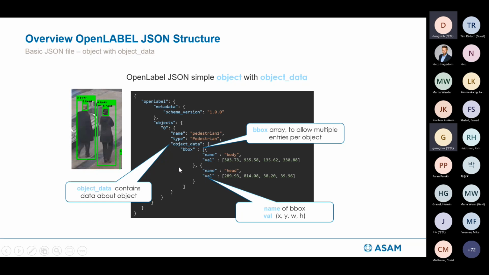For instance, in this example, we are defining bounding boxes, yes, in plural, because we can have an array of them, for instance, to define the head and the body of some pedestrians in images. As you can imagine, you have flexibility here to add as many bounding boxes as you wish and any other geometrical types. As we will see at the end of the presentation, we can have lines, polylines, cuboids, etc.